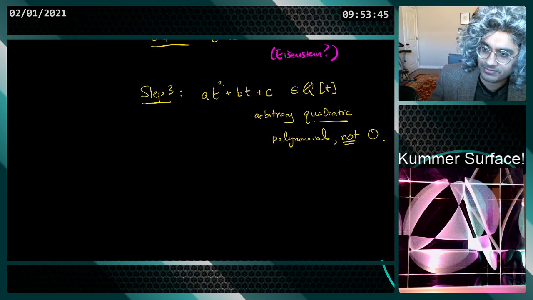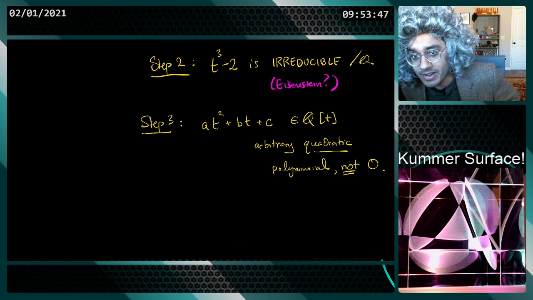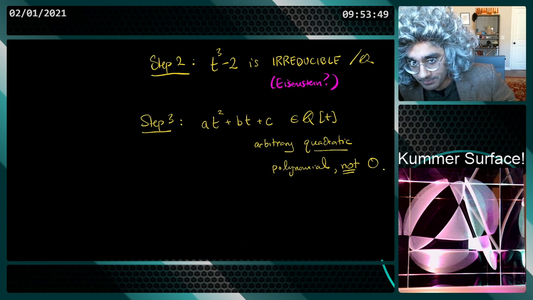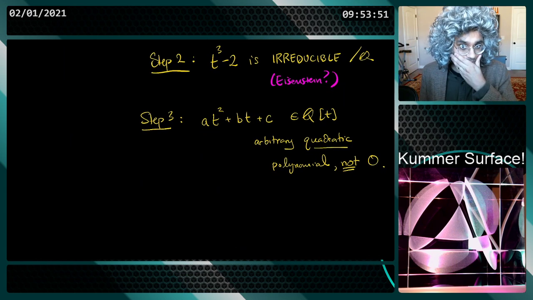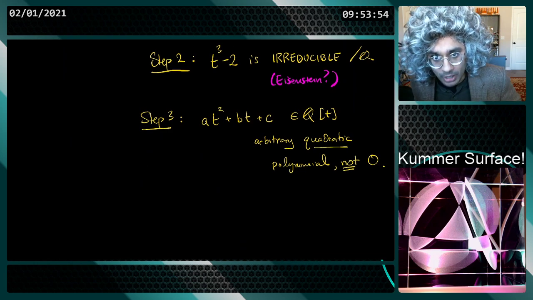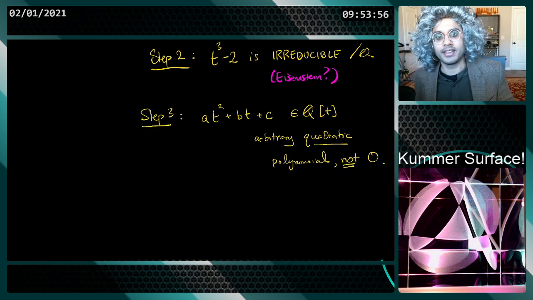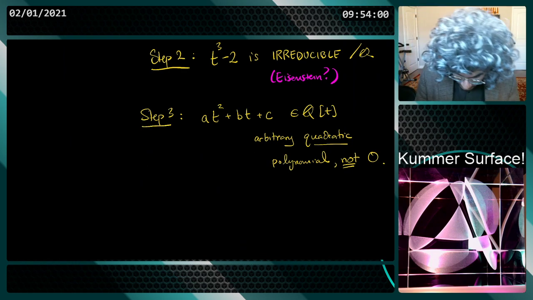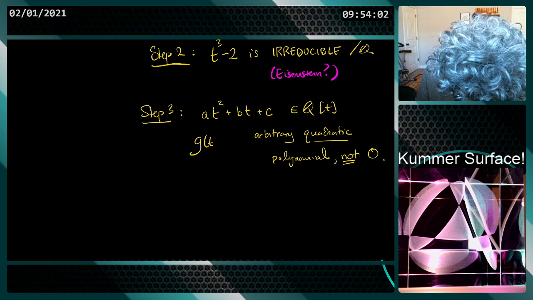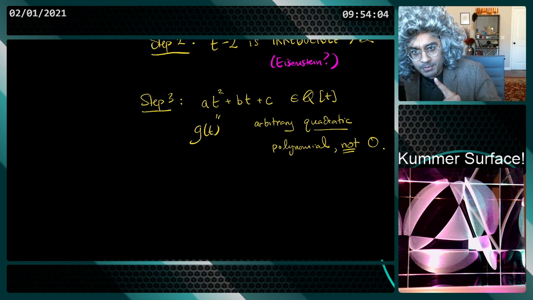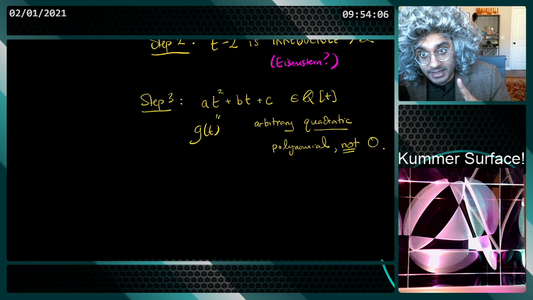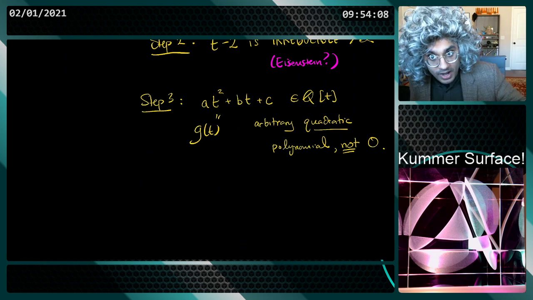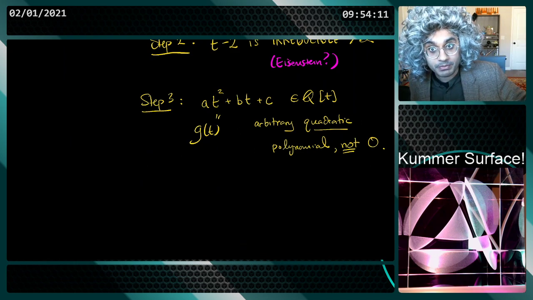Okay, good. So look, if you have an arbitrary quadratic, not 0, then this polynomial, we can call it g, has to be relatively prime to f.